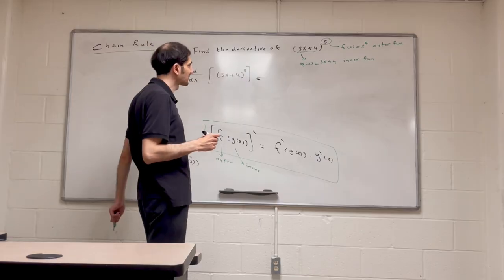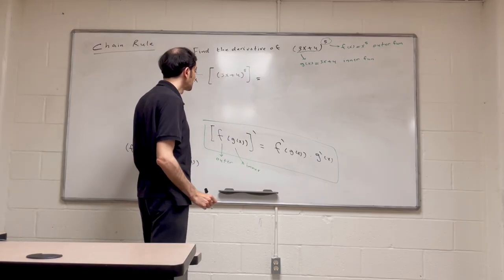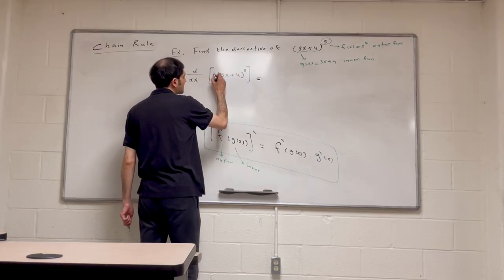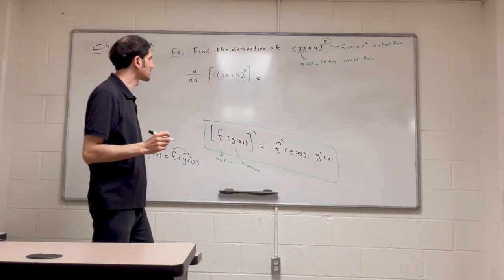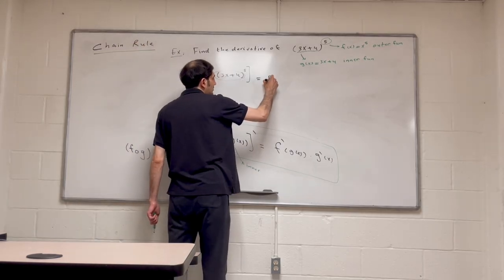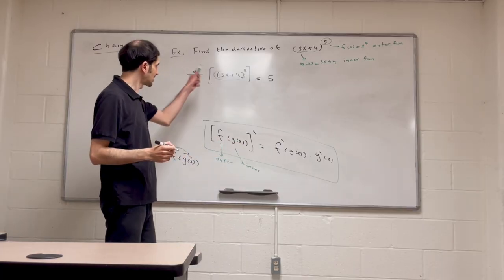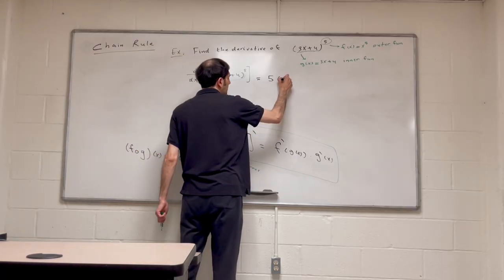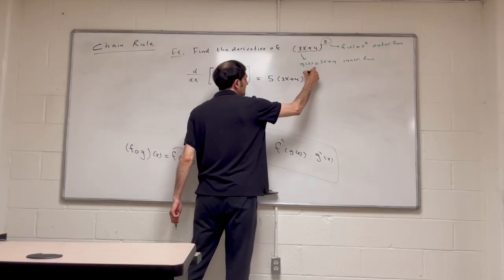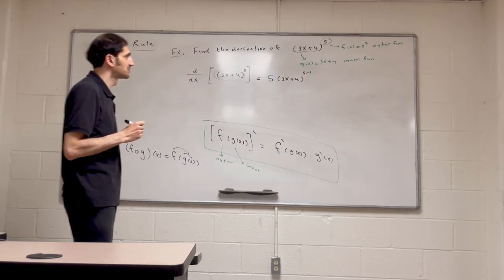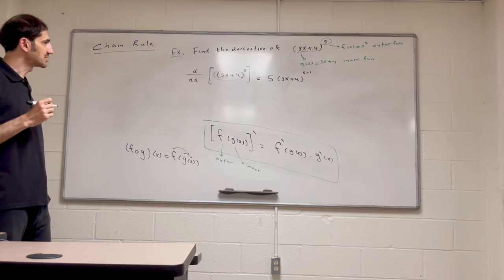We said it's x to the power of 5. But remember, my x, which is my input, looks like 3x plus 4. I have to write my power down here, which is 5 multiplied by exactly the same guy, 3x plus 4 to the power of what? 5 minus 1. So this is the derivative of the outer function.